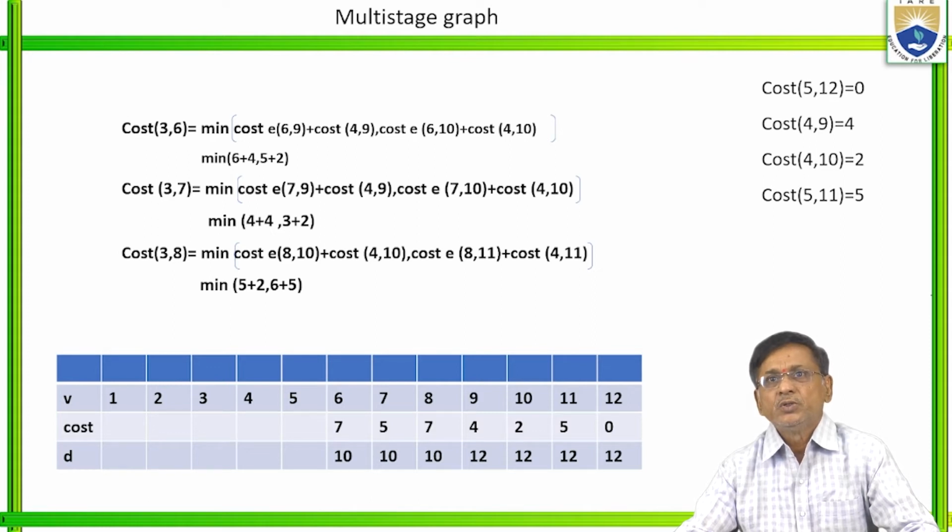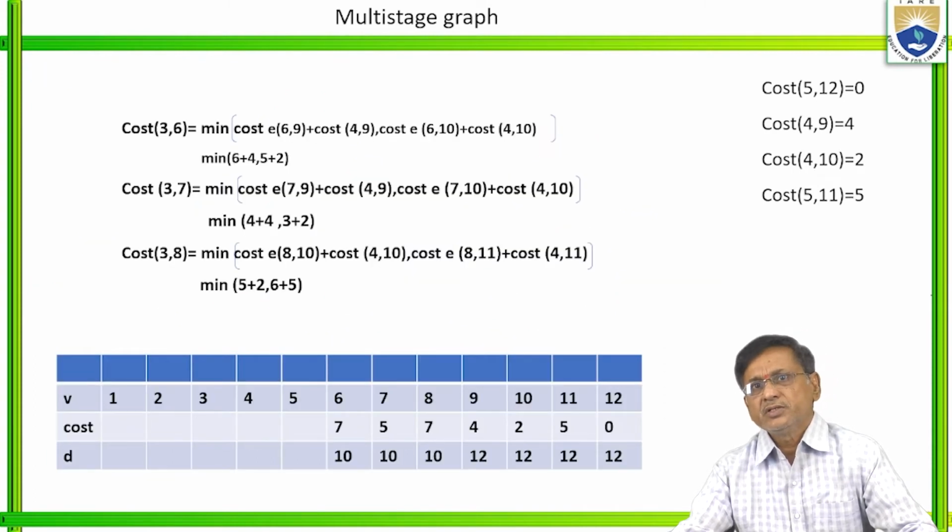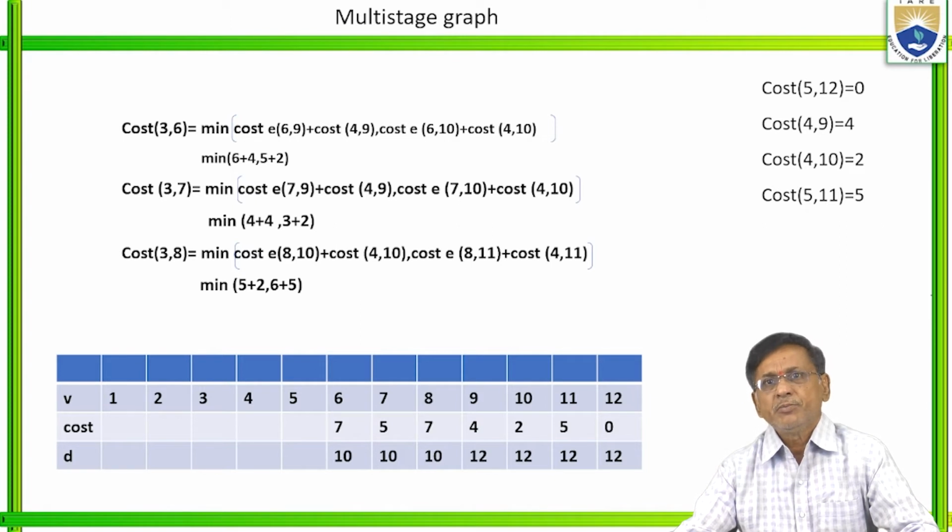So that is equal to 6 plus 5. You can see 8 to 11 the cost is 6 and cost of vertex 11 is 5. So that you will get 11. So in that we have to select the minimum value. So minimum value is 7 corresponding to the vertex 8. The cost is 7 and the destination is 10.